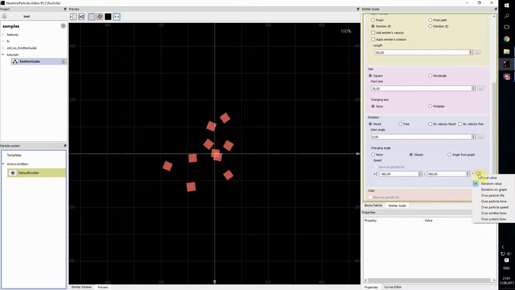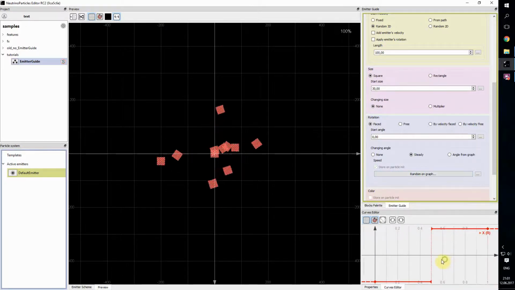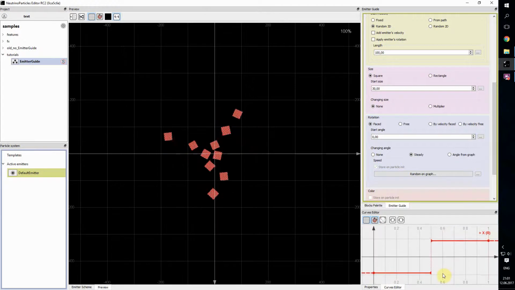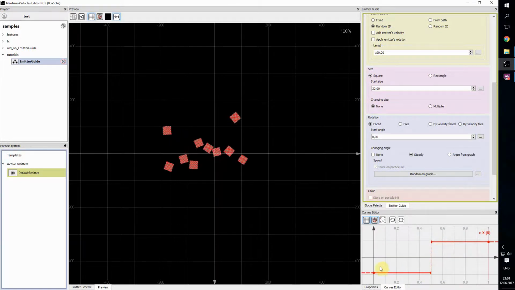You can also change it to random on graph, which allows you to make a custom random distribution. By default it makes half of particles rotate with speed minus 90 degrees and the second half with plus 90 degrees.